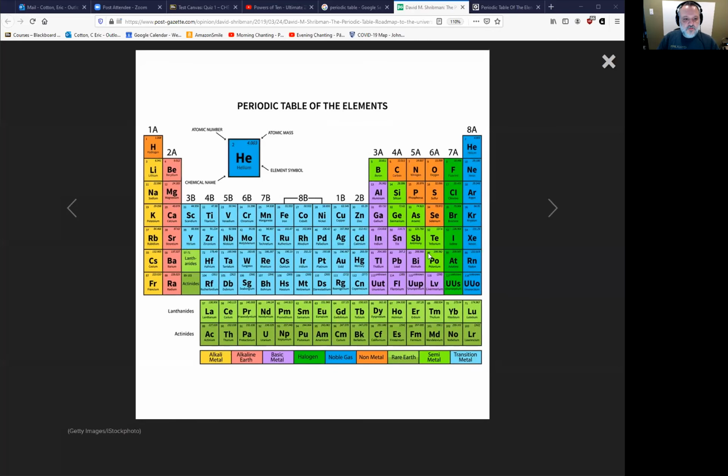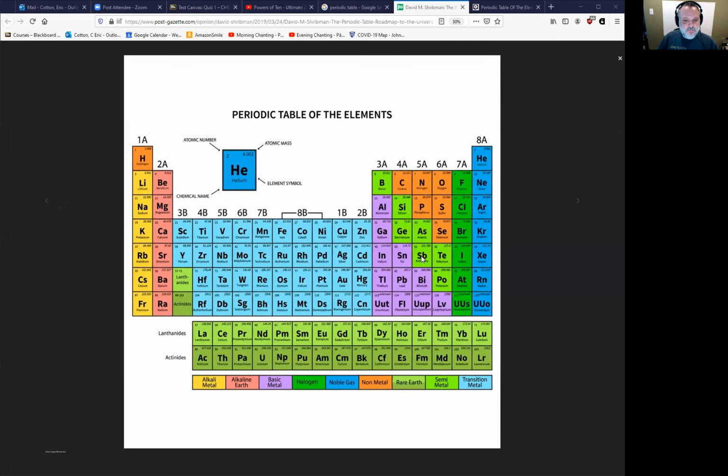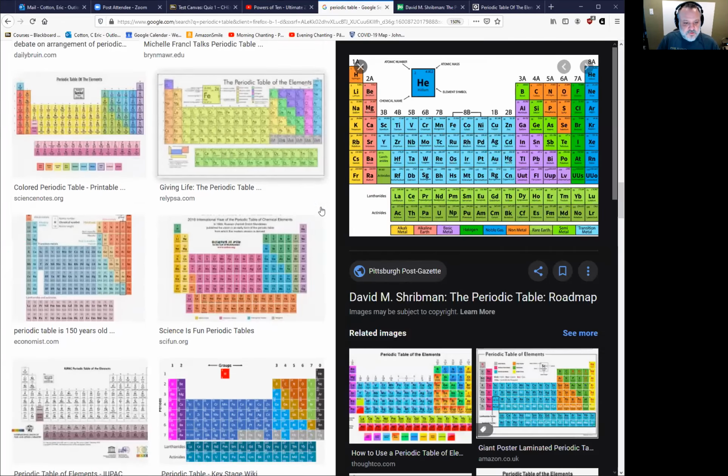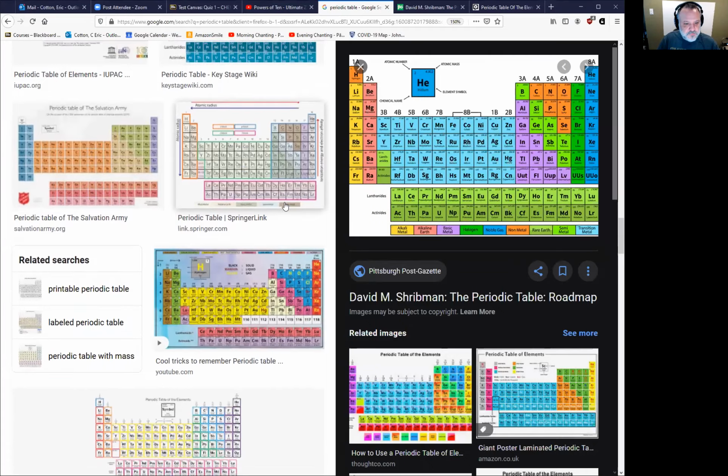And so what you see here is a periodic table. It's really hard to see, but what you see is the symbol, the name, and the atomic number. What you want to do is become familiar with the periodic table because it's going to be your best friend.